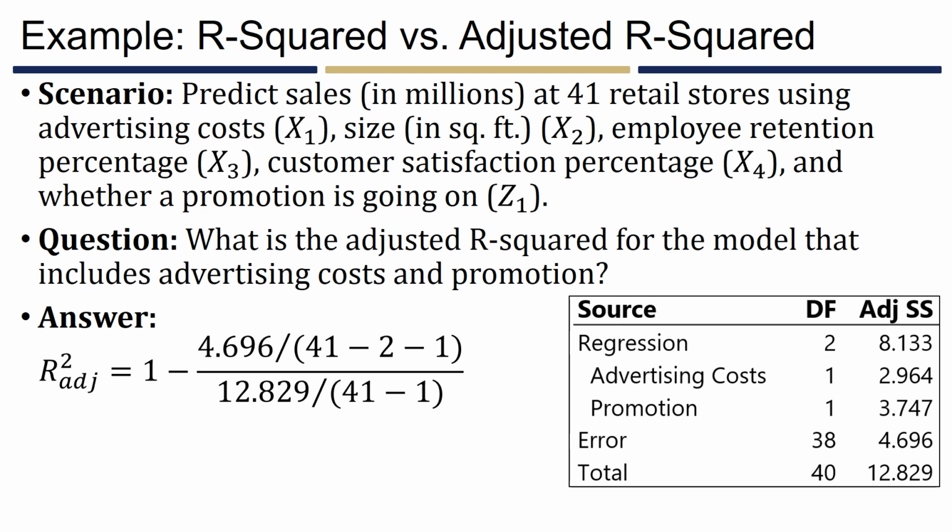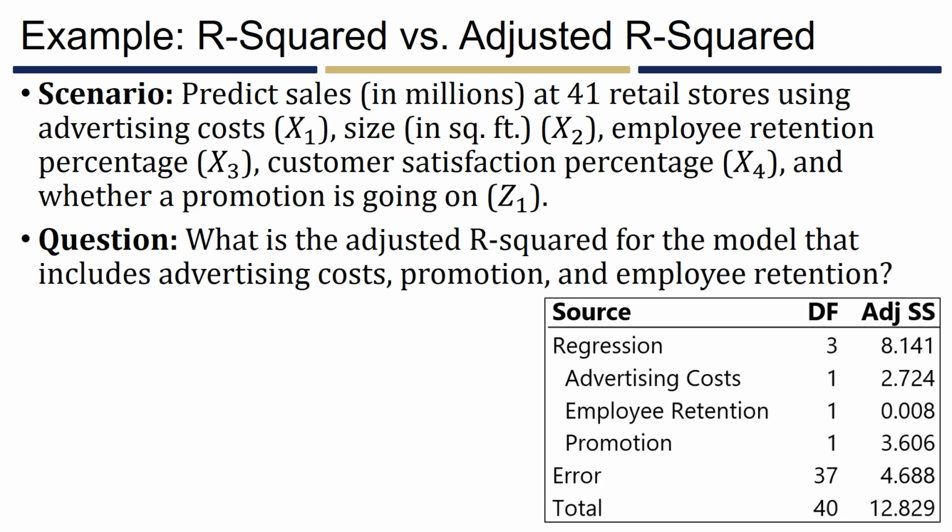Then we divide that by the total sums of squares, 12.829 divided by n minus 1, 41 minus 1. That's going to give us 1 minus 0.1236 over 0.3207, which gives us an adjusted R squared of 0.6146 for the model that includes only advertising costs and whether or not a promotion is going on.